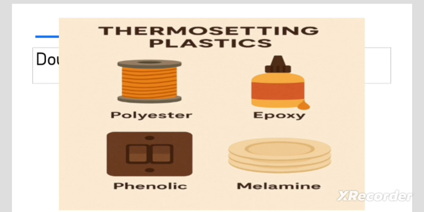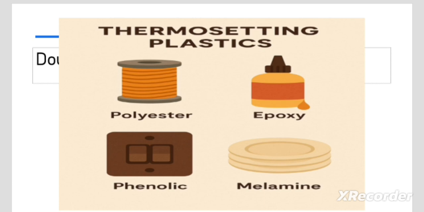They are made of cross-linked polymer chains like a 3D net. They are very tough, durable, and heat resistant. They cannot be melted or recycled easily. They are used for permanent heavy duty applications.